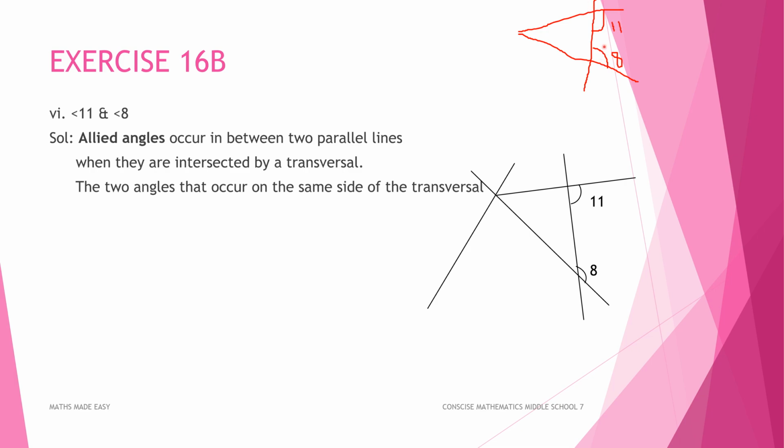I hope you understood this. So our answer is angle 11 and angle 8 are allied angles, or you can even say co-interior angles or co-joint angles. It has three names: allied angles, co-interior angles and co-joint angles.